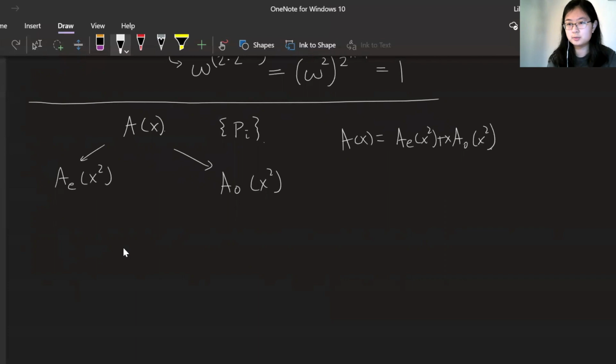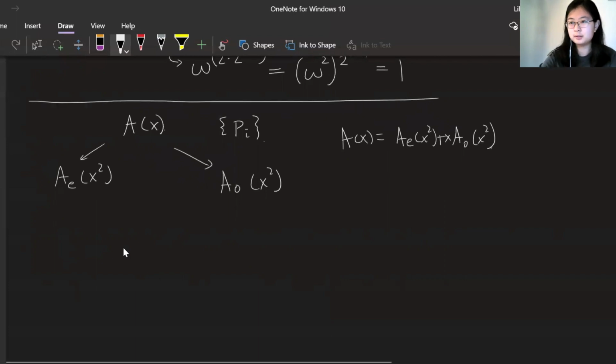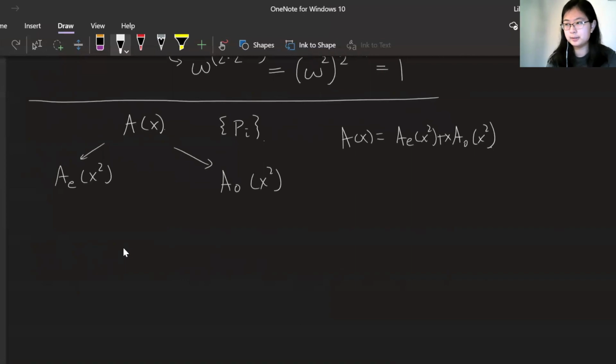So we want to evaluate these points in x squared. And we came up with a clever scheme by pairing up points so that we don't have to evaluate at so many points. We can evaluate half the points. So in Neil's example, we had -3, 3, -5, and 5. Right? So then when we're evaluating A of x, on the next level, we only have to evaluate at, say, 9 and 25.